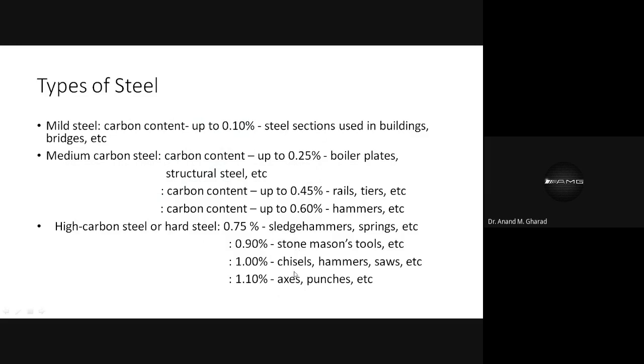They are hard because the carbon content is more, but the ductility is compromised. Mind well, our aim is to maintain the ductility without compromising much on the strength parameter. That may be achieved in your mild steel, right?